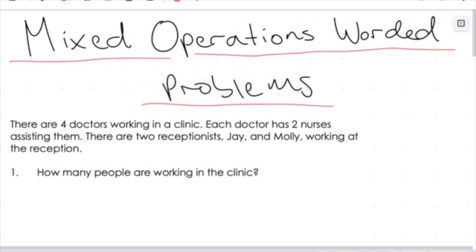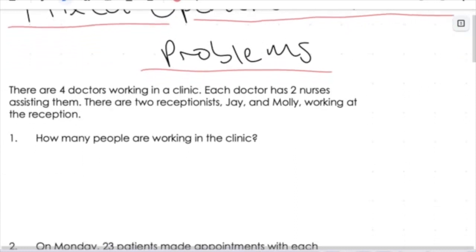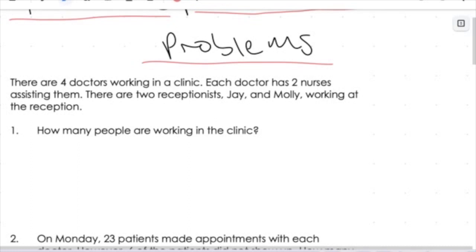Now, I'm including this as its own separate video because a lot of students typically get very hung up on this, and they tend to struggle with making these words, these little paragraphs and sentences, into a mathematical operation and finding ways to actually solve this.